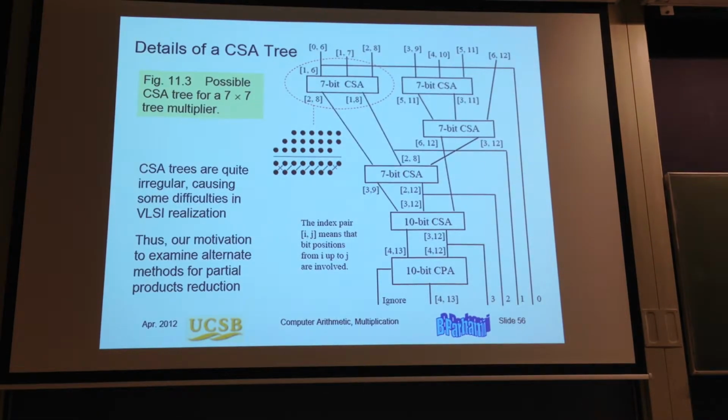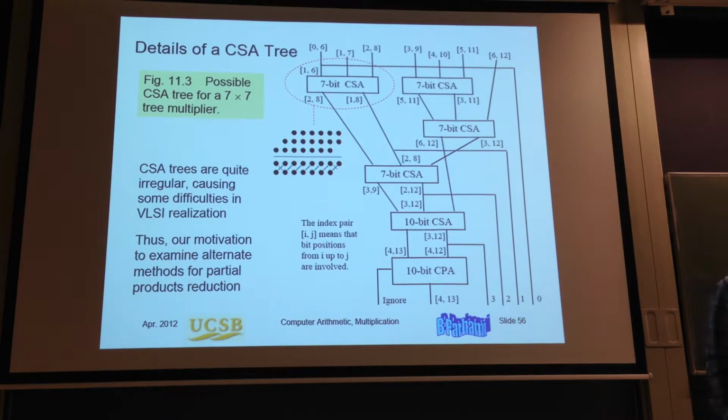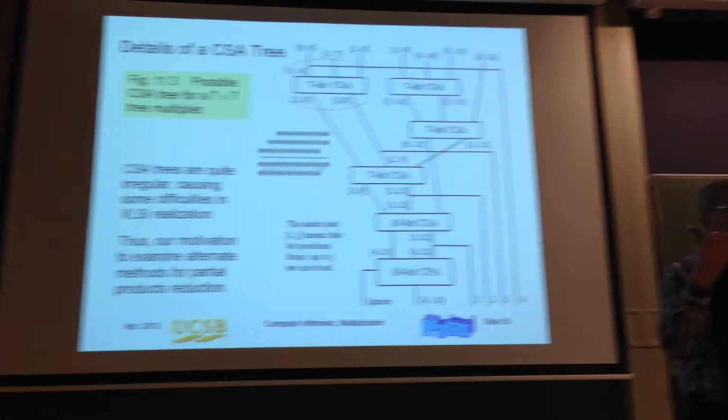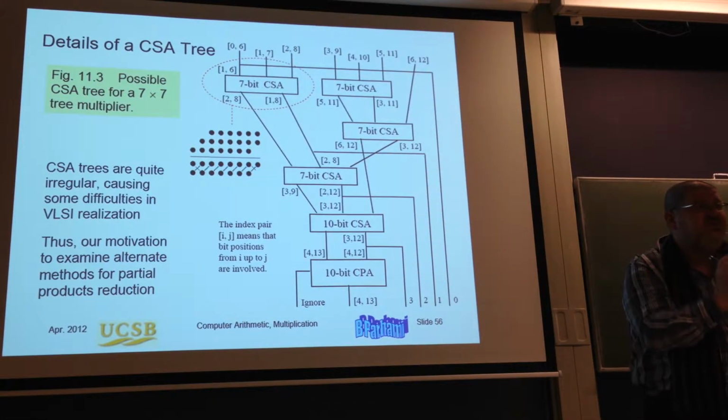Okay. Now, there is a small problem with this approach, because even though it looks beautiful from the point of view of my dots and my diagram, when I lay it out in a circuit, it is not really regular. And there are two things. One is the logical level, which is clean. And I see those dots which are propagating from one level to the other.